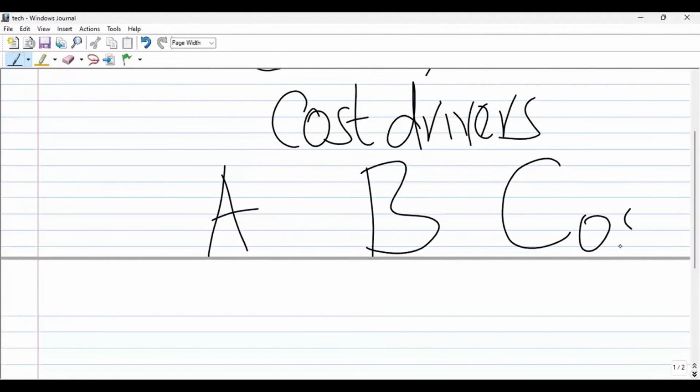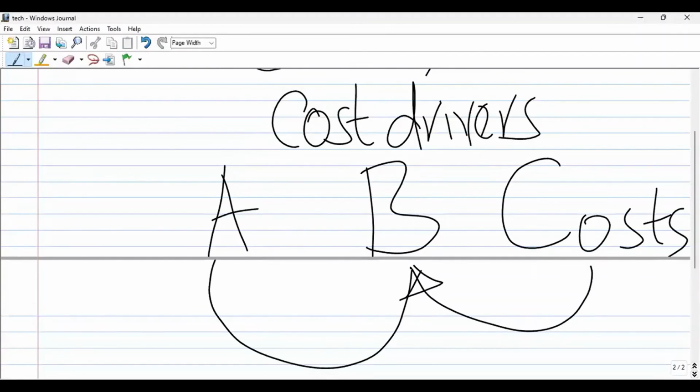So the costs are based on the activities, meaning that if an activity does not take place, the cost is not going to be incurred. What do I mean by this?